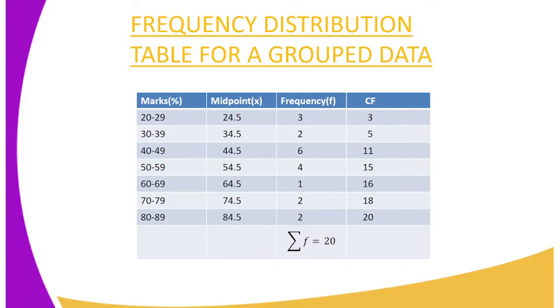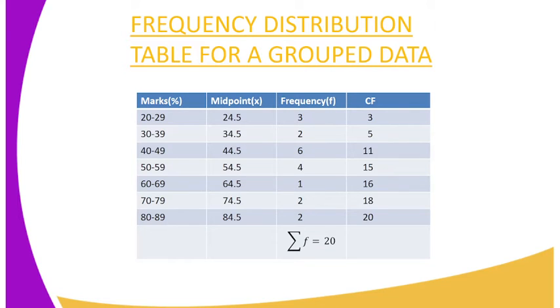In lesson number 26, I explained how you are supposed to fill this table. So in today's lesson, I'm not going to repeat, and I'm going directly to the calculation of the upper and the lower quartile.